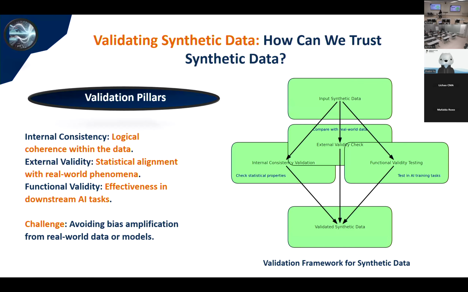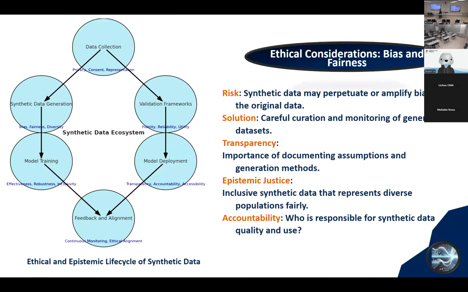One of the major challenges is to avoid bias, but as we will see, the epistemic and ethical aspects of synthetic data are interrelated. In this sense, synthetic data may perpetuate or amplify bias in real-world data. So this is the challenge. There is also a transparency issue: the importance of documenting assumptions and generation methods, especially for those of you who want to use it for publication.